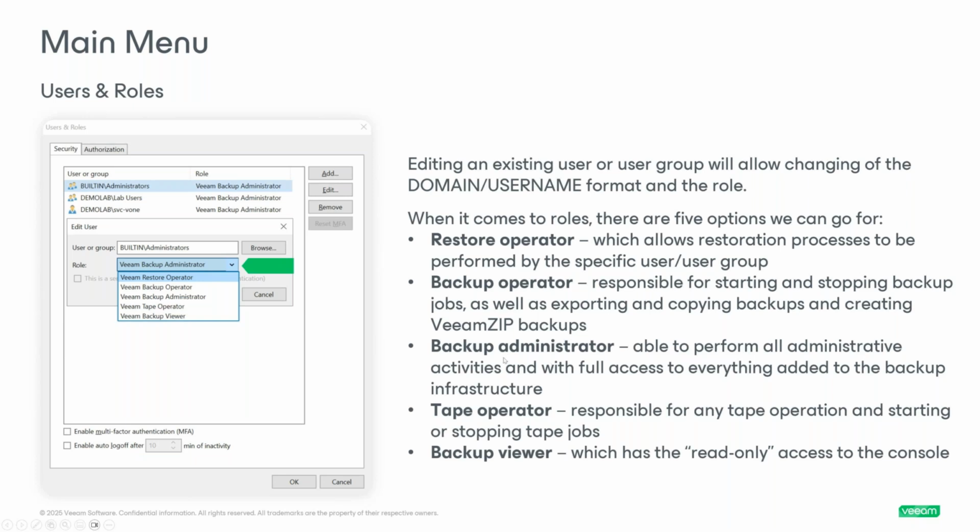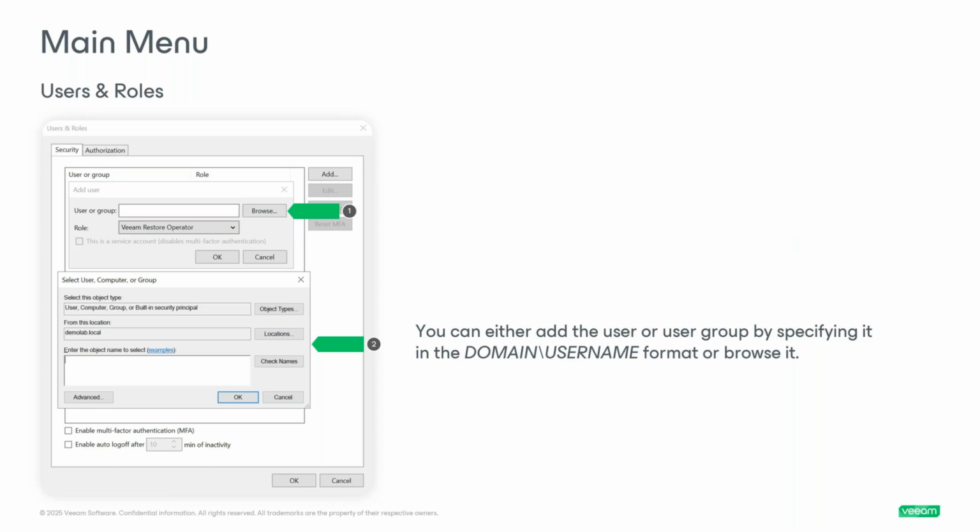The backup administrator can do really everything that an admin can do on the server. The tape operator is limited to tape operations, and the backup viewer only has read-only access to the console. You can add the users and groups by specifying them in the domain/username format.